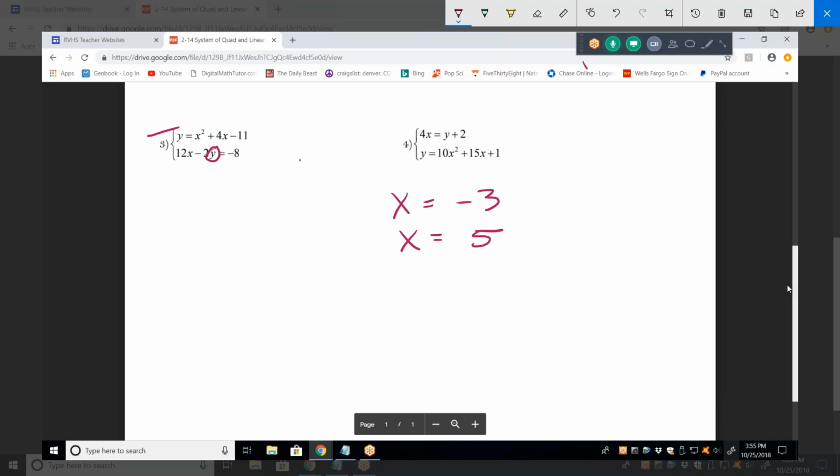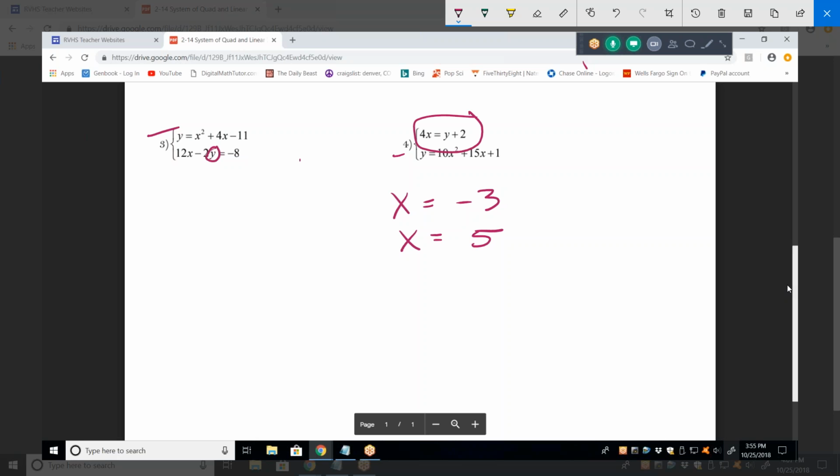We can do it there, which looks like it could be the easiest, but not really. Notice that if we substitute negative 3 in for that, we get some pretty big numbers. We get 9 times 10, which is 90, minus 45 plus 1. What if we use that one right there?